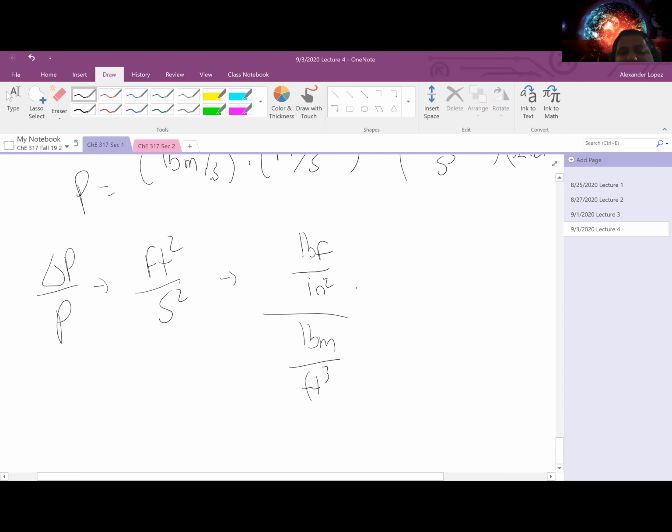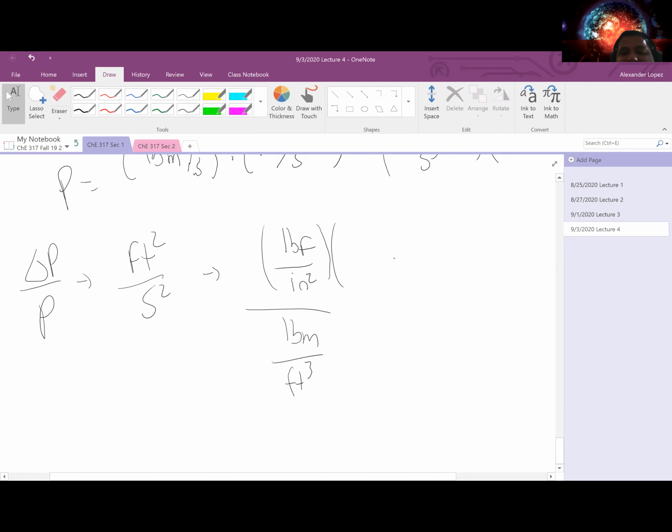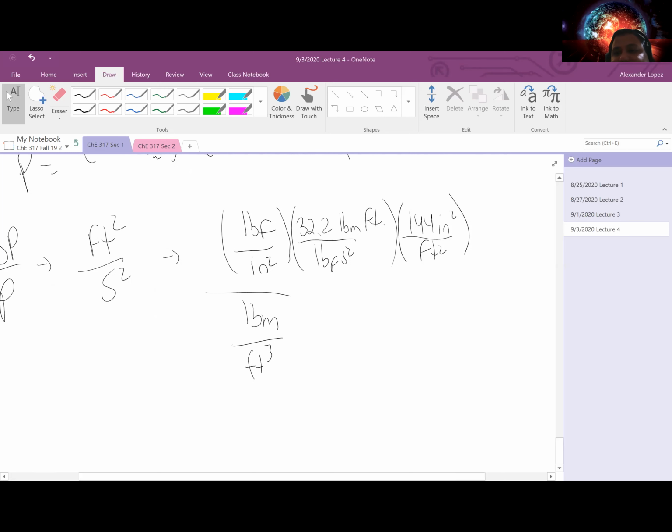What that means is when you're bringing in pressure, particularly PSI, into these expressions, you're not only going to have to multiply by g sub c, pound mass foot per pound force second squared, you're also going to have to convert the inches squared into feet squared. And then, and only then, will the units work out. So you have to be careful on that term.